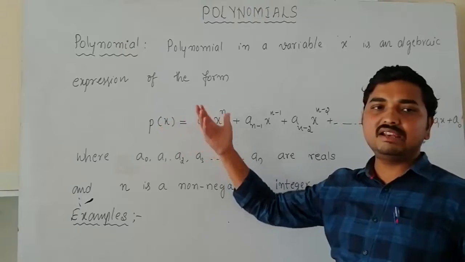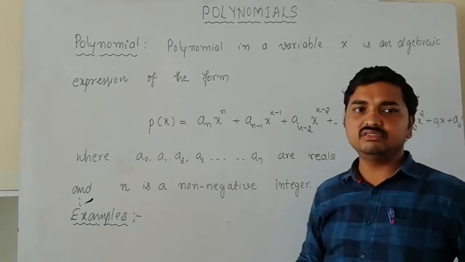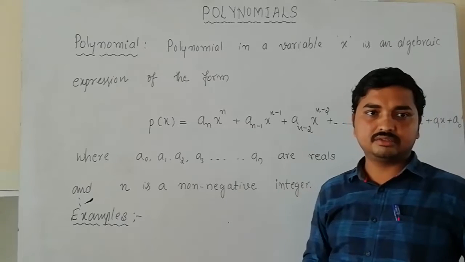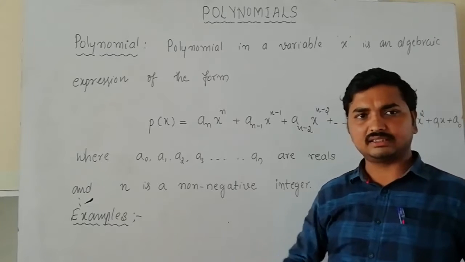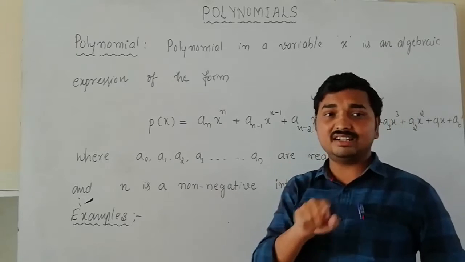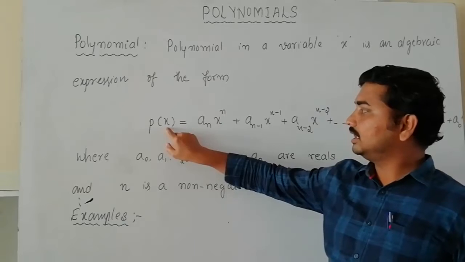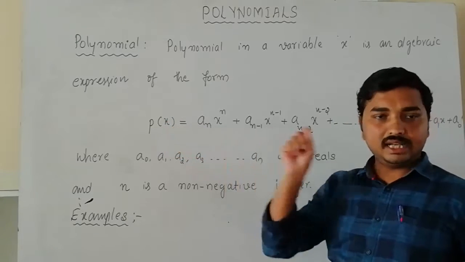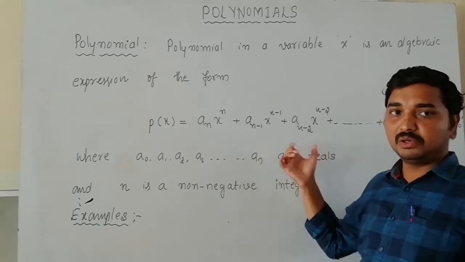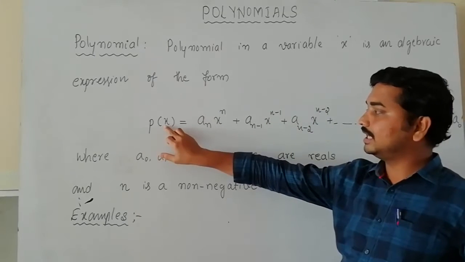P remains as it is. There will be no change. P stands for polynomial. Or else you can use another letter, Q of x, R of x, T of x, L of x, like that. But the letter inside the bracket has some significance. Whatever letter is present inside the bracket indicates which is the variable in the upcoming polynomial.